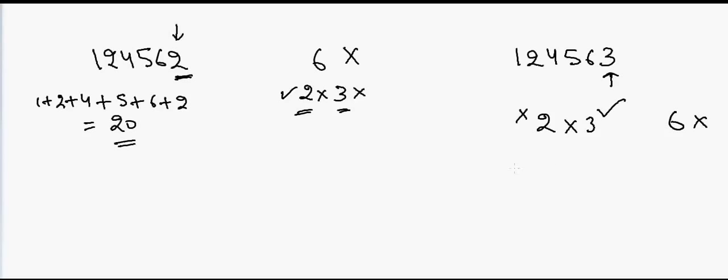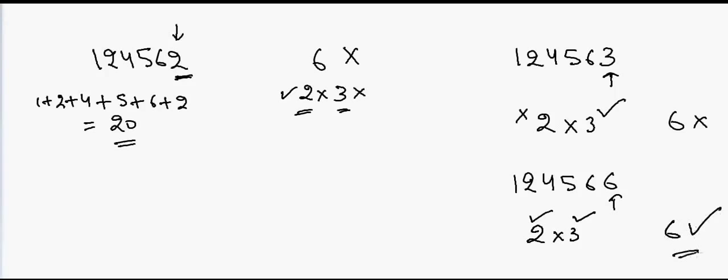Another modification we can make is add another 6 here. If I write 1 2 4 5 6 6, then this is even, and the sum will still be divisible by 3. So it passes the test both for 2 and 3. Therefore it should be divisible by 6.